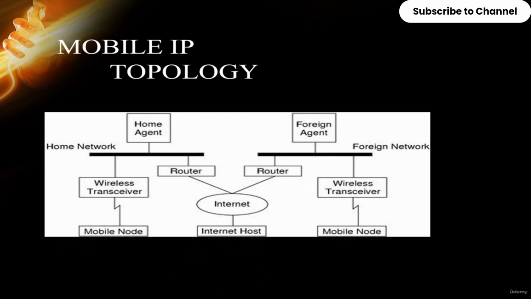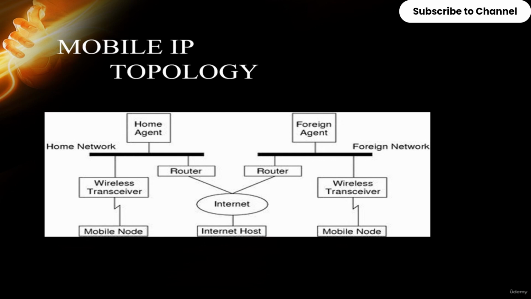If your mobile node is moving to the foreign network, that is, you are moving from home to college or hostel or any foreign network, the home agent forwards the datagrams to the foreign network through the foreign agent. This process takes place with the help of routers and the internet host.